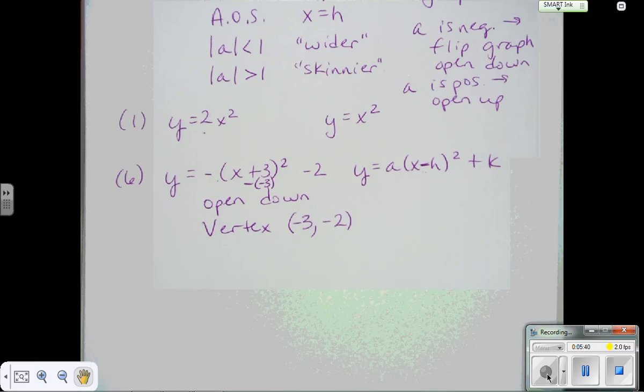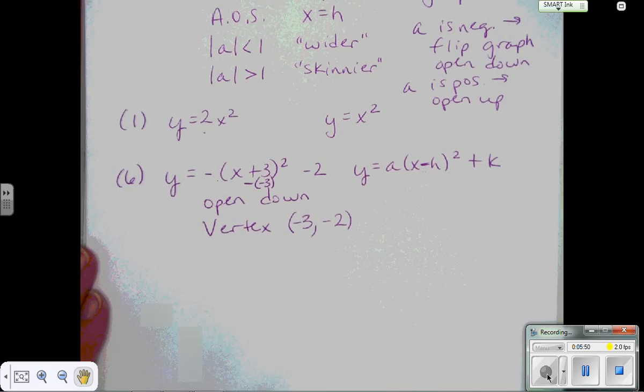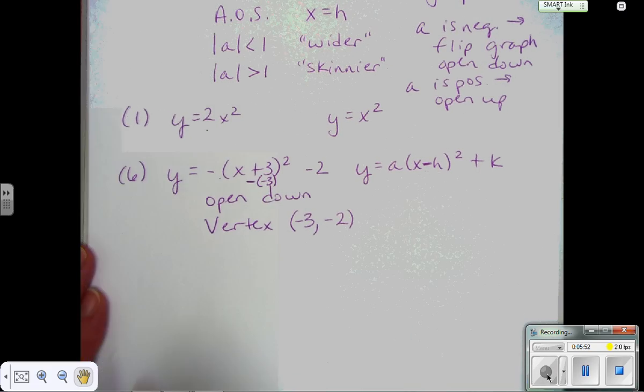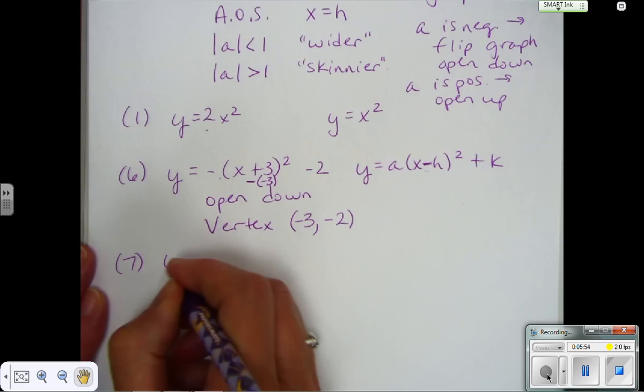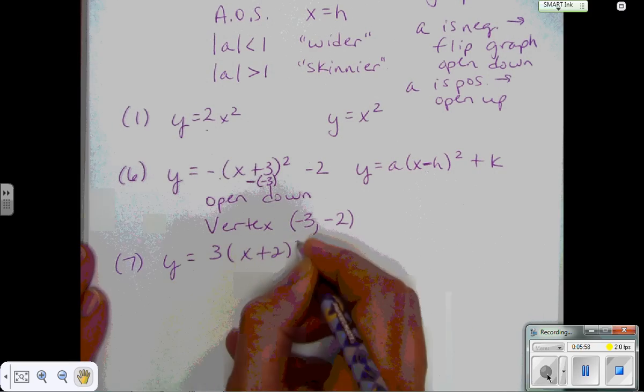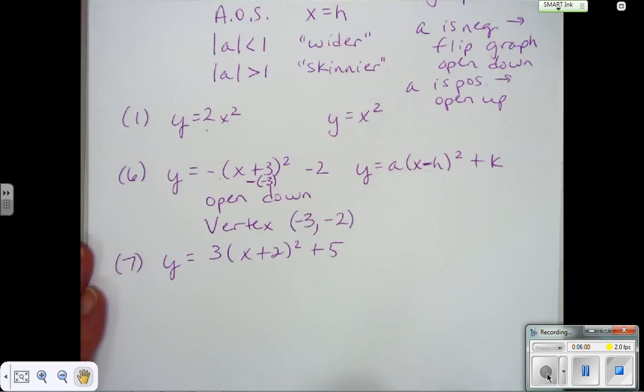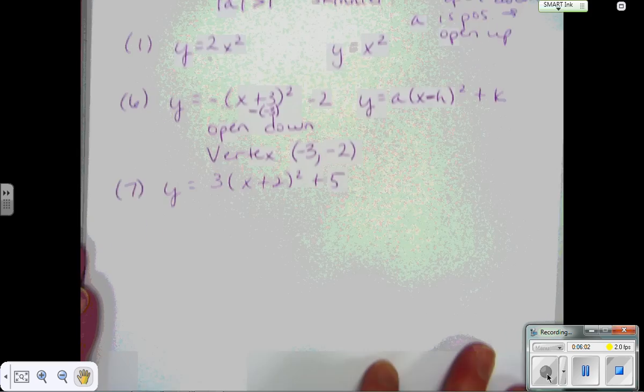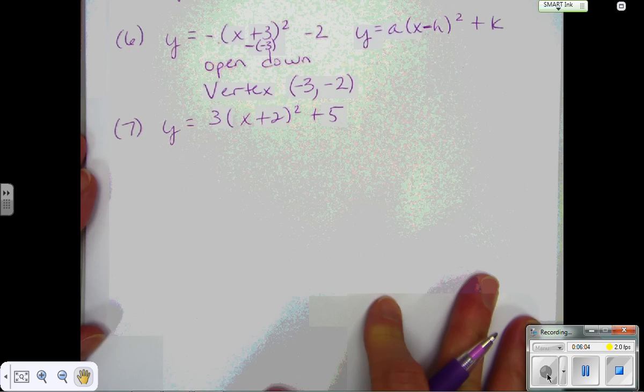Okay, so let's move on. Actually, let's do one more of these, and then we're going to take a break. So let's just do number 7. y = 3(x + 2)^2 + 5. Okay, so the 3 is going to shape the graph.